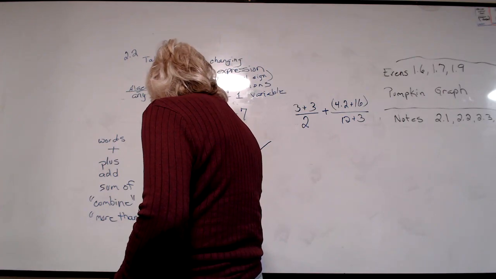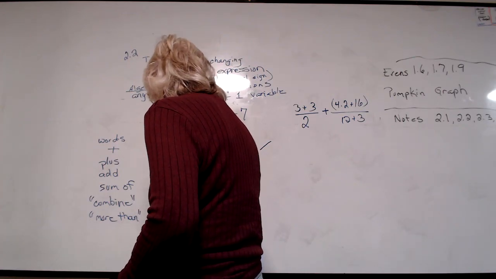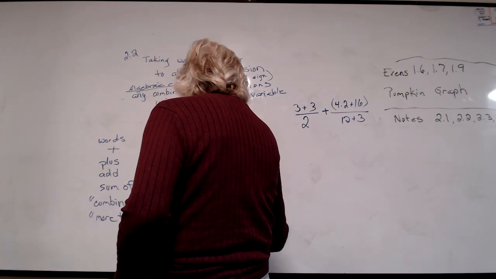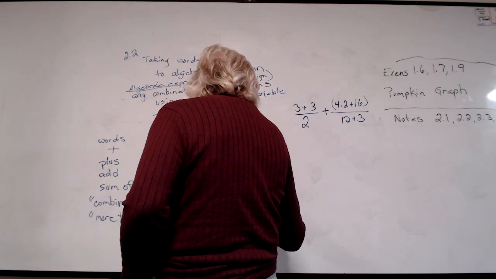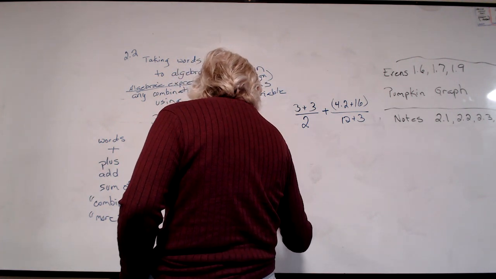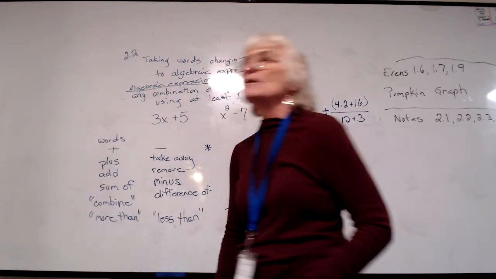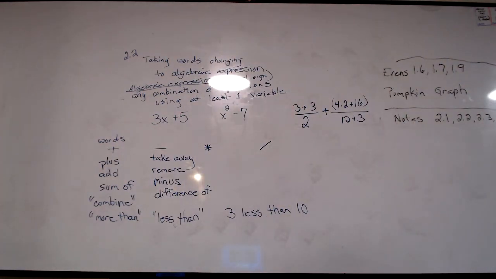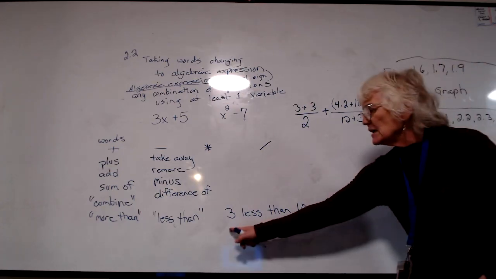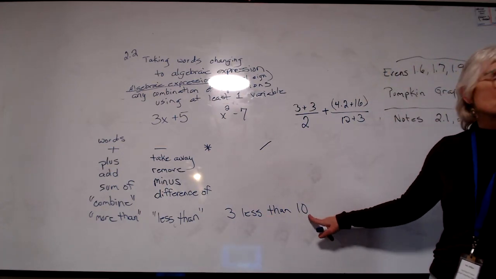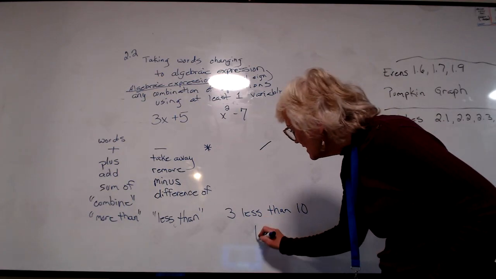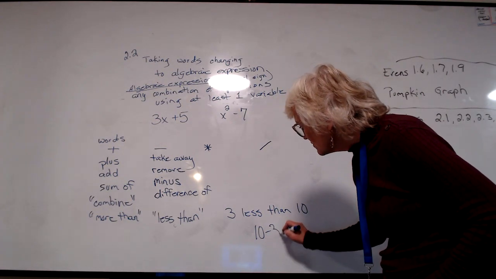Let's show you why. If I say 3 less than 10, how would I write that problem? 3 less than 10. 10 minus 3. It would be 10 minus 3, because we want to have 3 less than this number, 10, so I would have to take 10 minus 3.